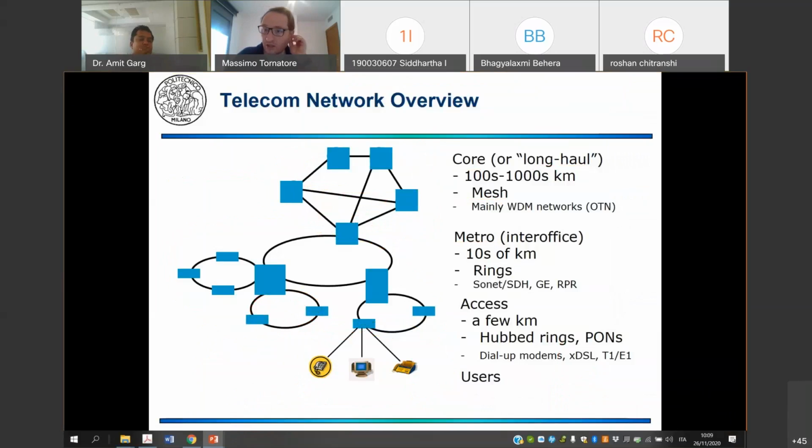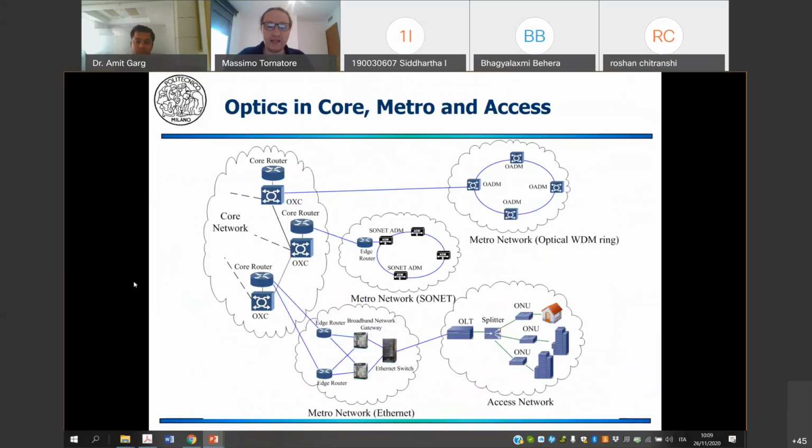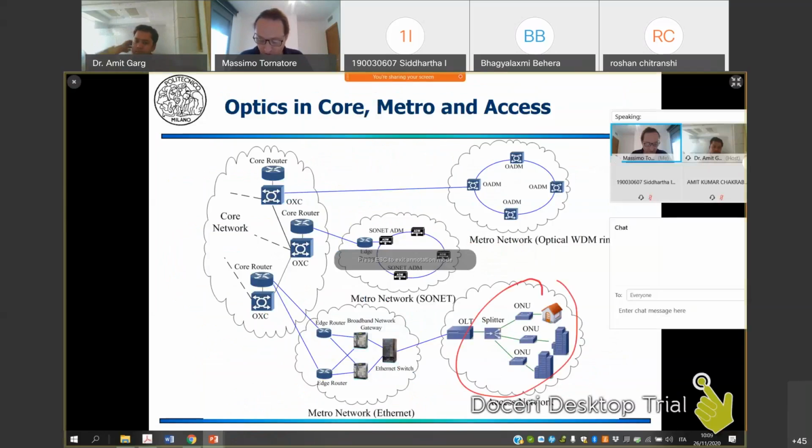Anyway, long story short, we're going to concentrate on the core network in this lecture. And we know that optics is present in all three segments of the network: in access typically through the PON technology, in metro through gigabit Ethernet or OTN, SDH technologies.